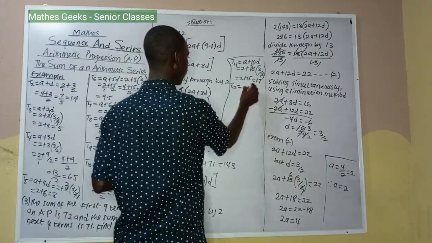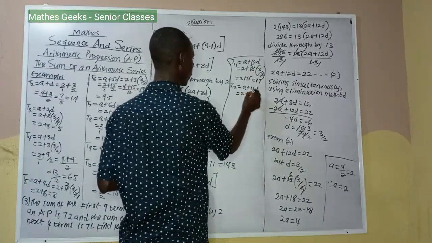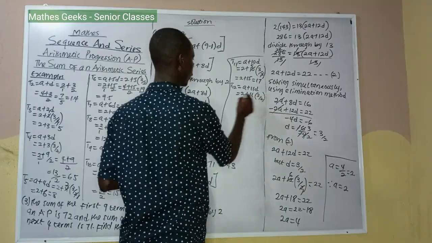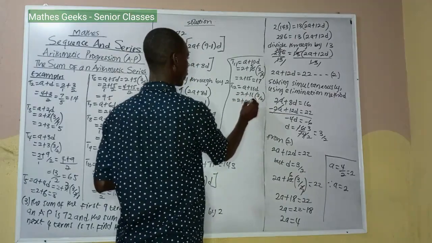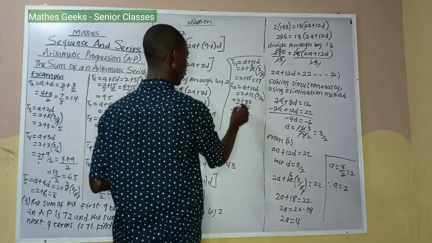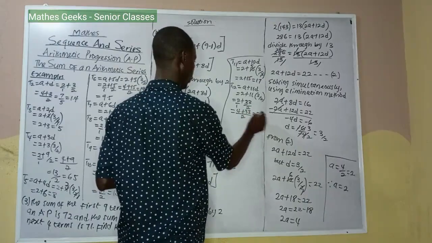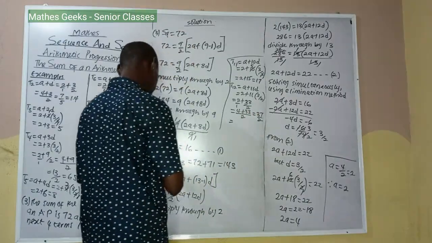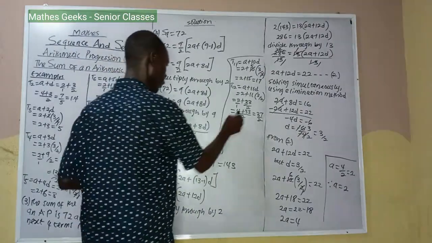T12 is equal to A plus 11D. 2 plus 11 times 3 over 2, 2 plus 33 over 2. Now LCM gives us 2. 4 plus 33, 37 over 2, which is 18.5.